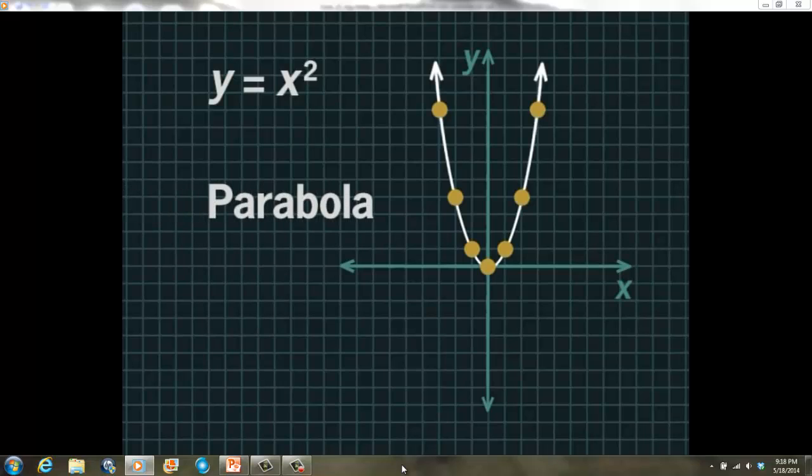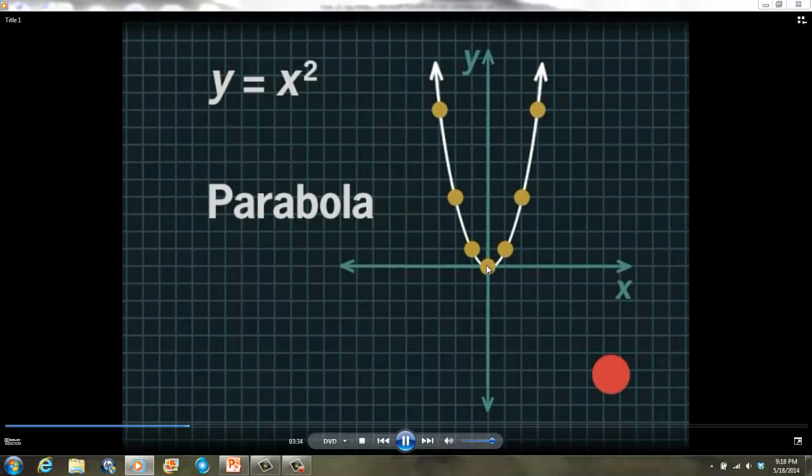This U-shaped curve is called a parabola. This is just one example of a parabola, but all the graphs of quadratic relations of two variables will look something like this one. Notice that this particular parabola opens upward, and the lowest point on this parabola is called the minimum.